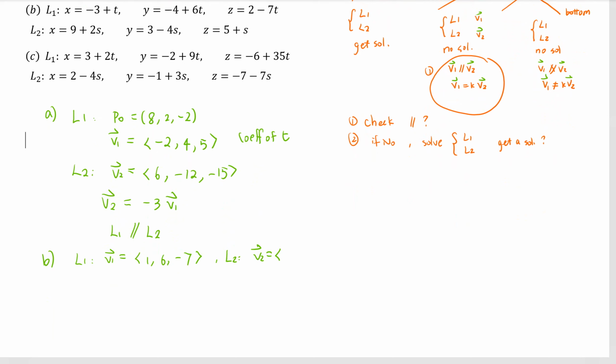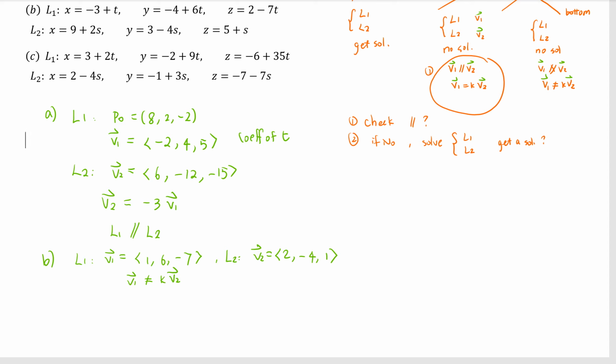V2 is the coefficient of s. Well, that is 2, minus 4, and 1. Are they constant multiples of each other? Let's see, 1 times 2 is 2, but 6 times 2 is not minus 4. So they are not constant multiples of each other. So they're not parallel, okay? So V1 is not k times V2.